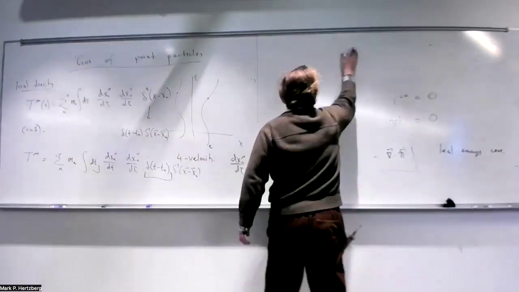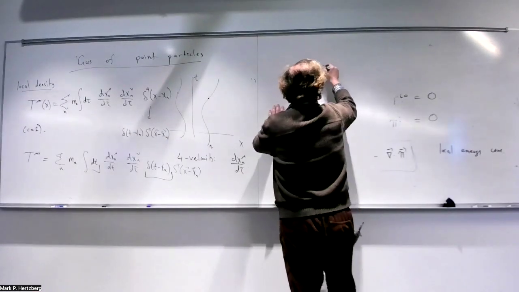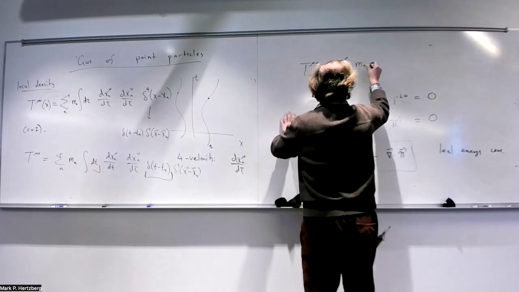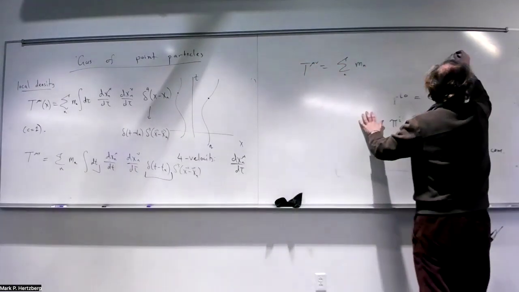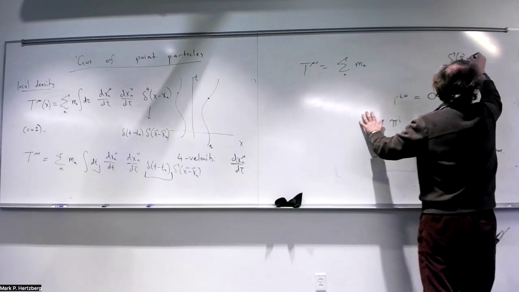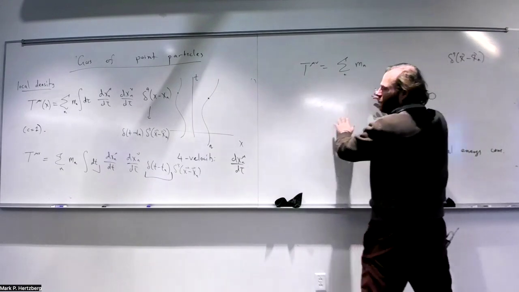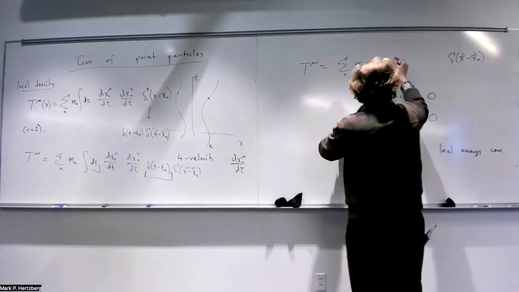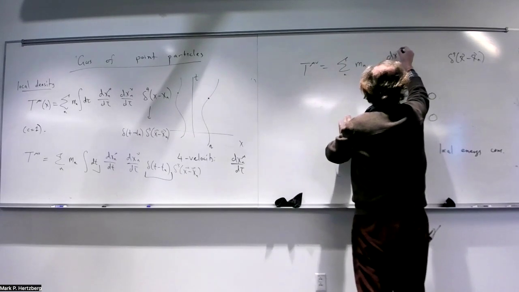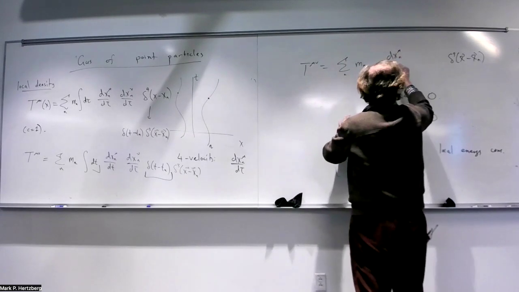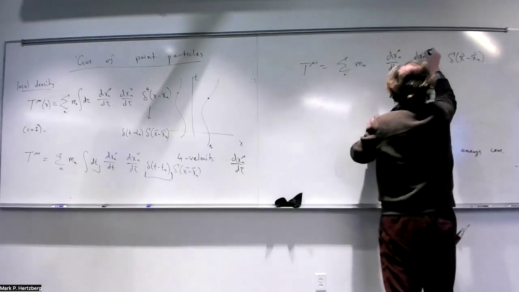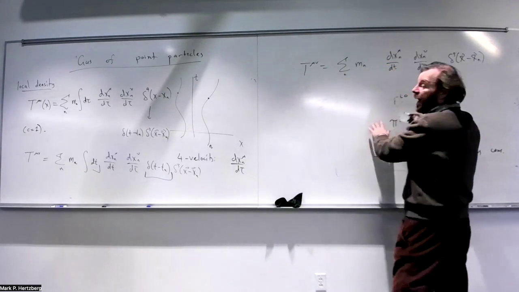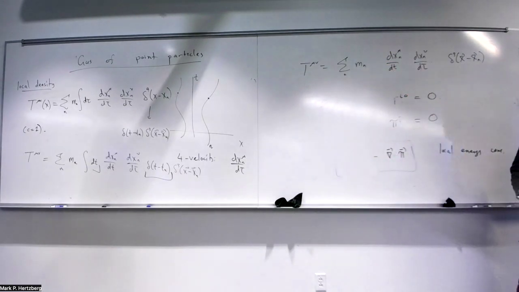So then T mu nu is a sum over n, m_n. Now we're back to a good old 3D delta function, which you expect for a density. And then there's some prefactor, dx mu dt, dx nu d tau.